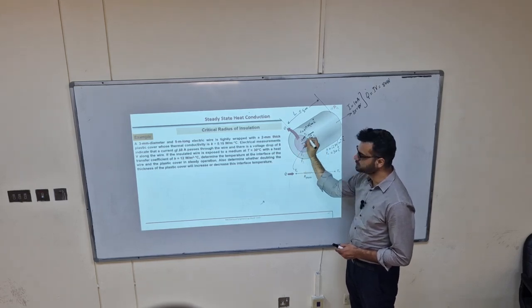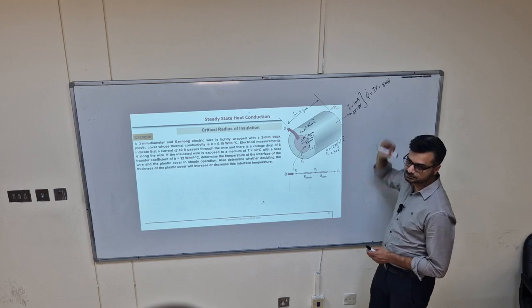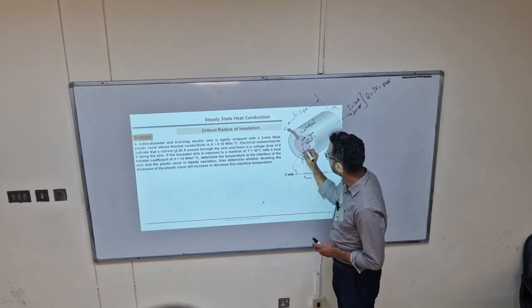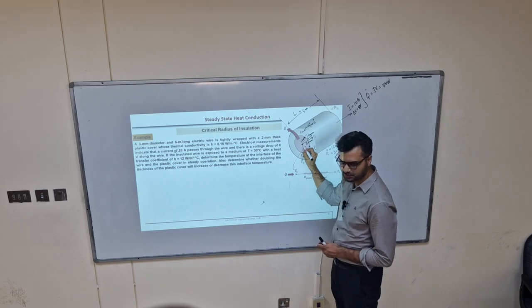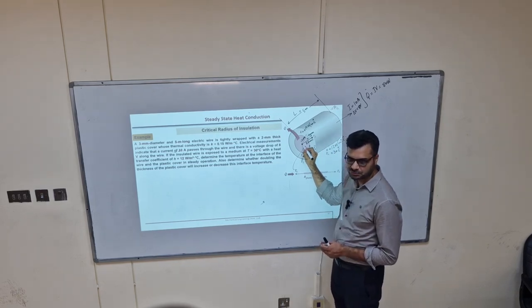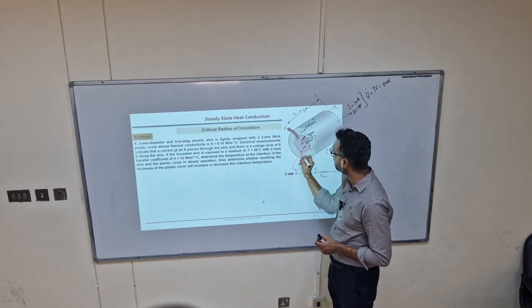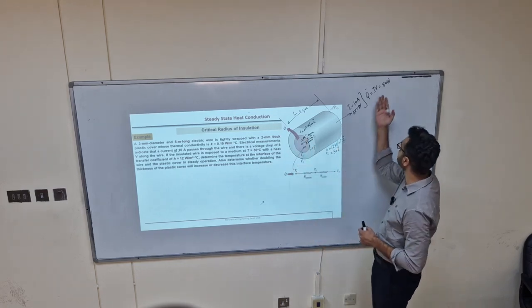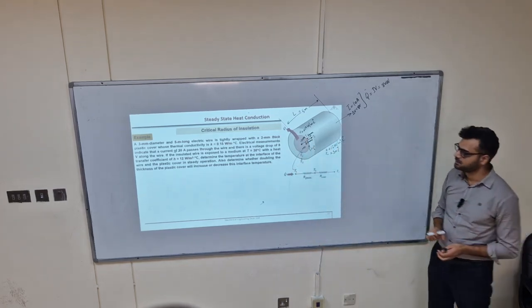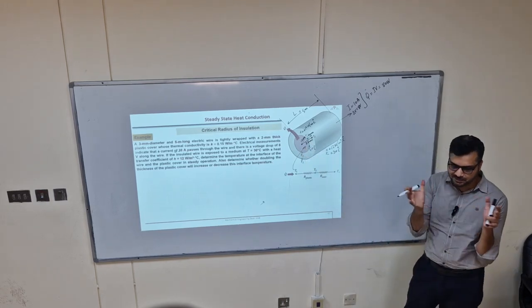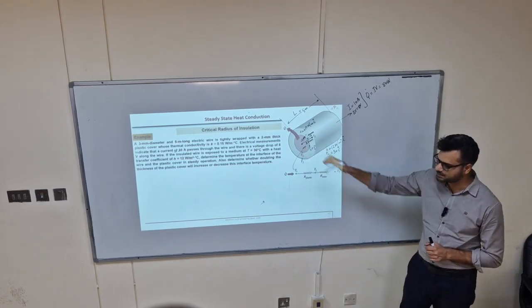Whatever heat is produced is generated in that wire. If you want to know, I should start from here. So what is that thing? It's just a point. This whole wire is producing this much heat. So we are starting from here. Here the wire is shown much bigger than it actually is.